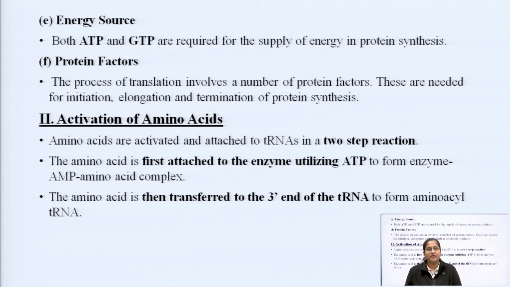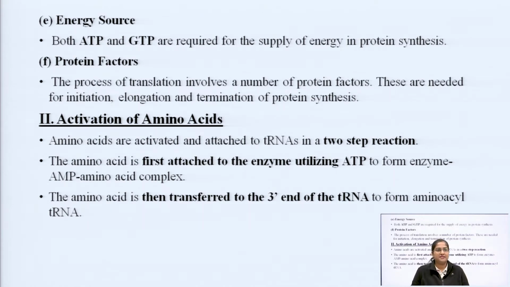For this process, the amino acid should be activated earlier. Amino acids are activated and attached to tRNA so that they can be sent to the growing protein chain. For that, there are two steps involved.